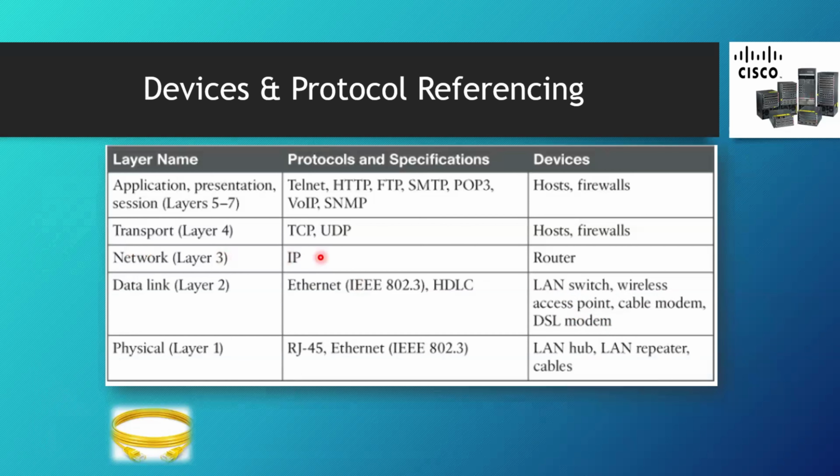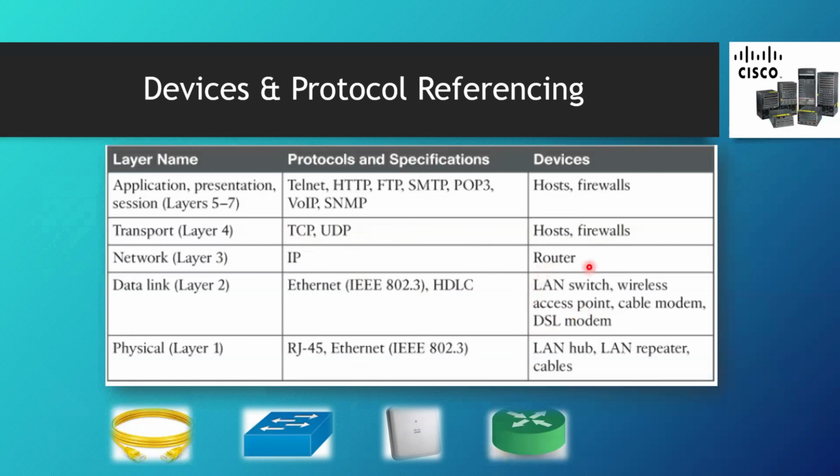Network layer 3: mostly the protocol is IP and the router is a layer 3 device. Transport layer, which is layer 4: TCP and UDP protocols are part of the transport layer. And host and firewall are part of layer 4. So a switch is a layer 2 device. Wireless access point is also part of layer 2.